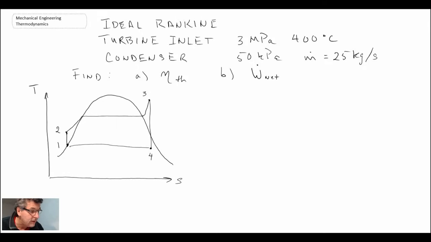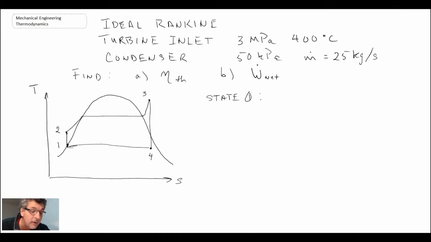So whenever you're solving one of these problems, it's a bit of a puzzle. And like any puzzle, you usually start with the conditions that you know. So consequently, we'll start at state 1, and we'll go into the steam tables for that.